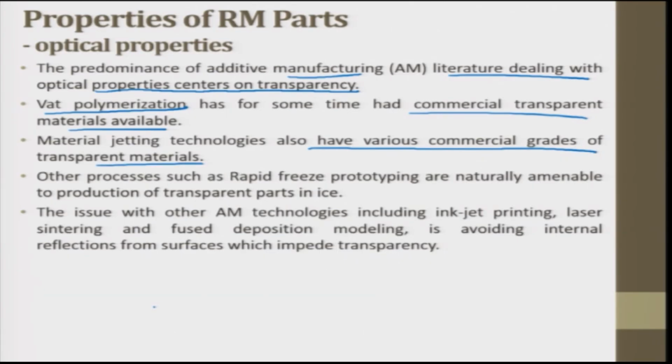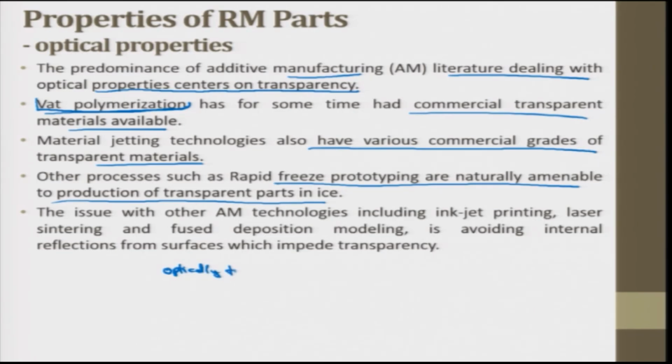Other processes such as rapid freeze prototyping are naturally amenable to production of transparent parts in ice. Certain approaches have been developed by which transparent quartz parts were produced using a filament side feed mechanism into a laser power source. There are also optically translucent parts made using vat polymerization.